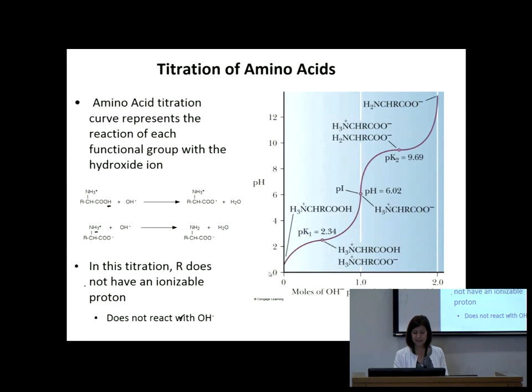Okay, so let's look at it as a titration. We're adding sodium hydroxide in. At no addition of hydroxide, we are at a very low pH, and you can see that we have the proton on the acid and we have the proton on the amine. So here it's proton on and proton on. We start dripping in hydroxide, going up and up and up, drip, drip, drip.